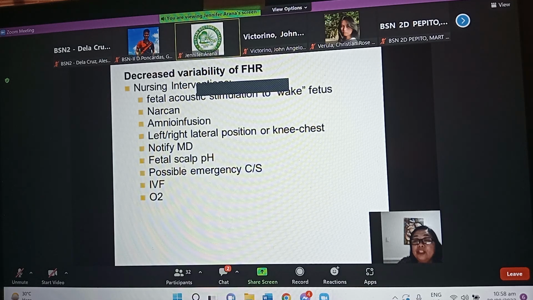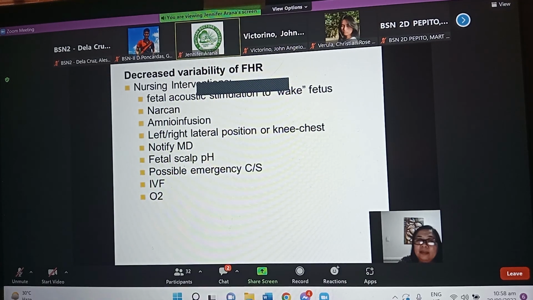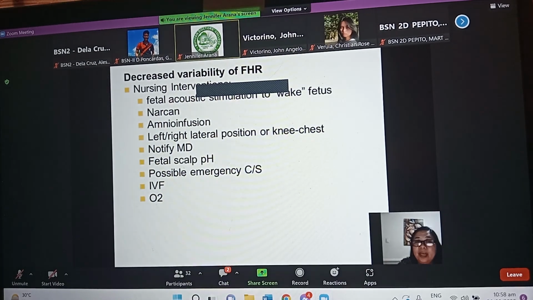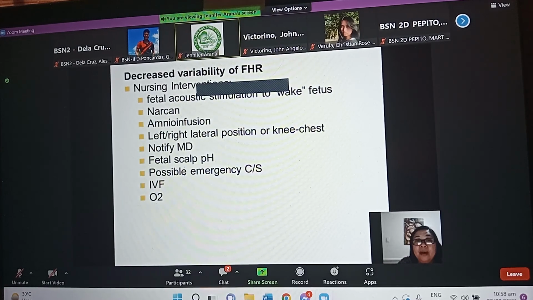This is to relieve the pressure of the cord, no? So left or right lateral position or knee-chest position. And then you have to notify the doctor, get the fetal skull pH, prepare for possible emergency cesarean section, provide intravenous fluids, and oxygen therapy.